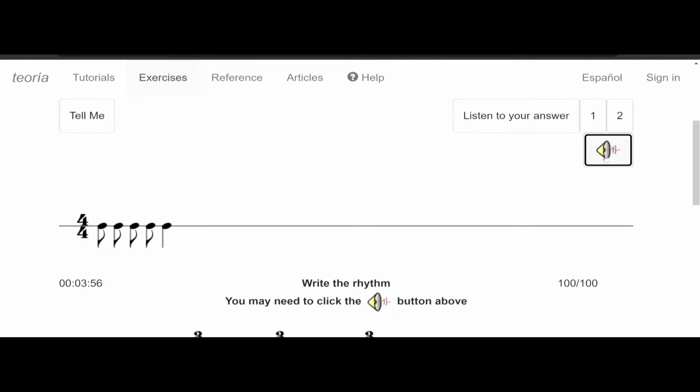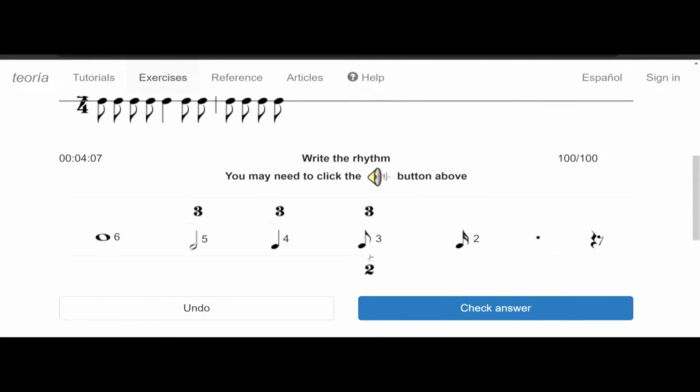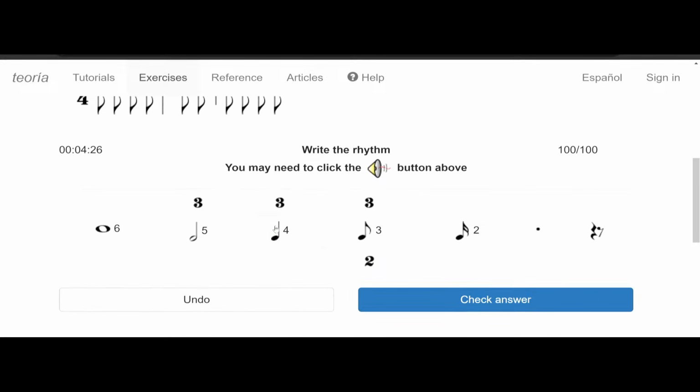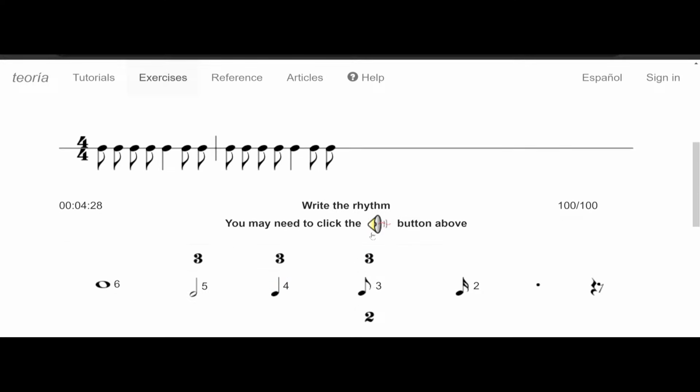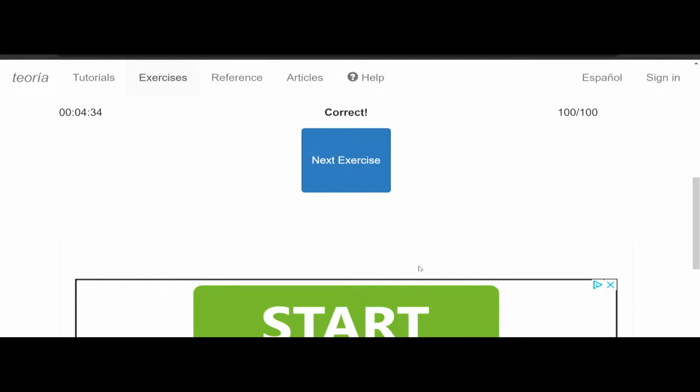So I heard bump, bump, bump. Oh, I don't remember the rest. Let's listen one more time. Easy. Have fun with it, guys. 1 and 2 and 3, 4, and we got it right, I think. Check answer. Boom, correct, we did it.